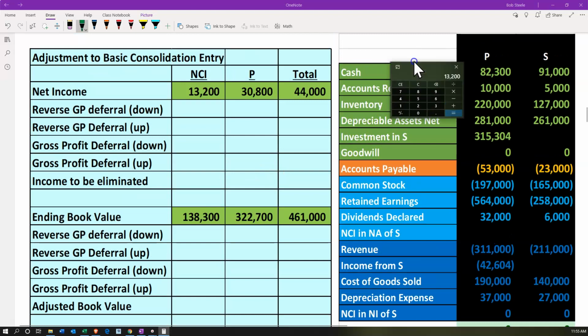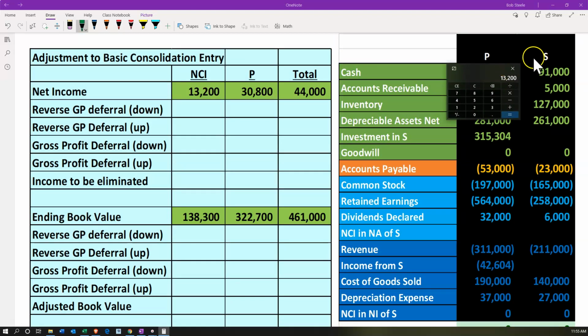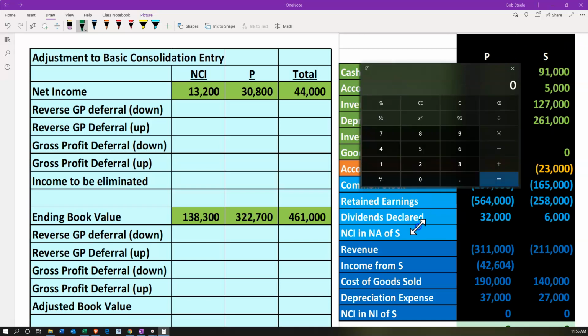In other words, the balance sheet side we can calculate two different ways. This is our balance sheet as of the current time period, 2000X4. If we pull out the trusty calculator, we would take assets minus liabilities: 91,000 plus the 5,000 plus the 127,000 plus the 261,000 minus the 23,000.